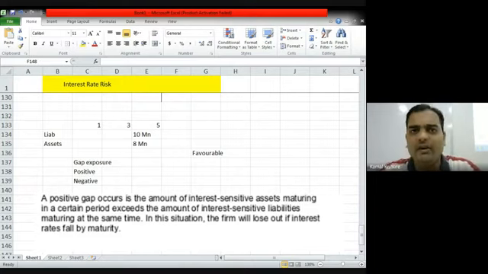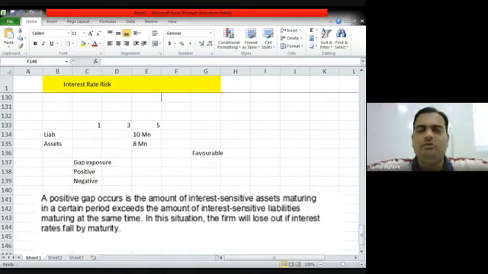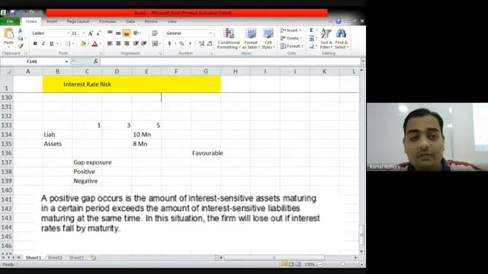So these are the factors which cause the yield curve to change. Otherwise, if there is no other factor, interest rates will remain flat, whatever the maturity, whatever the term, whatever the risk. But that will not happen. Why? Because different players have different expectations. Two expectations are common. One is liquidity, that I need money quickly, so if you are going to delay money, then you have to compensate me adequately.